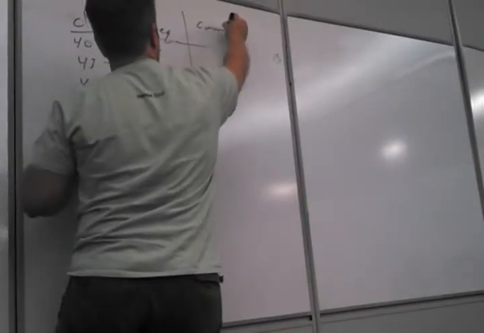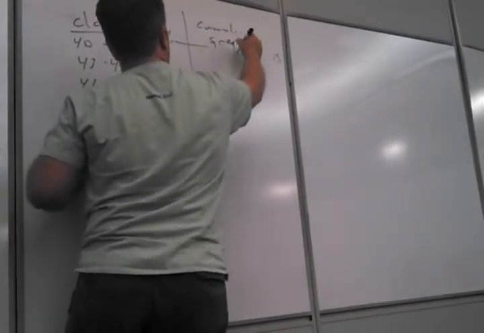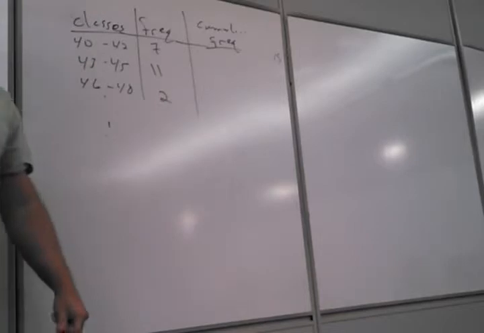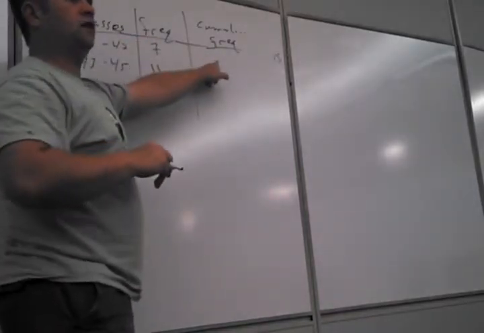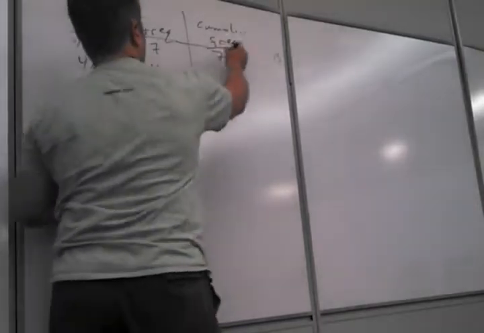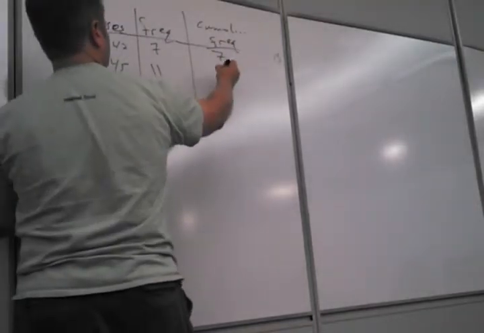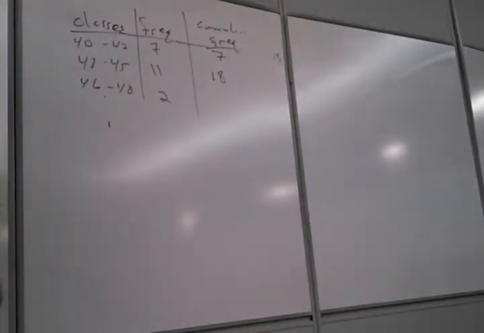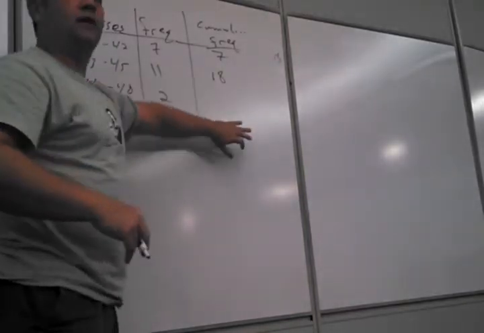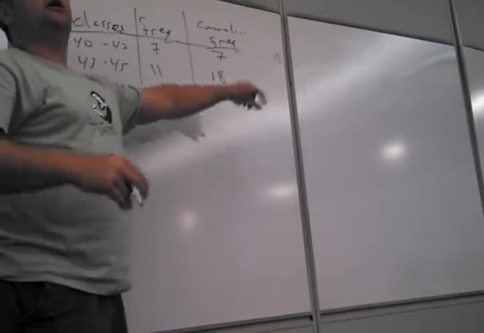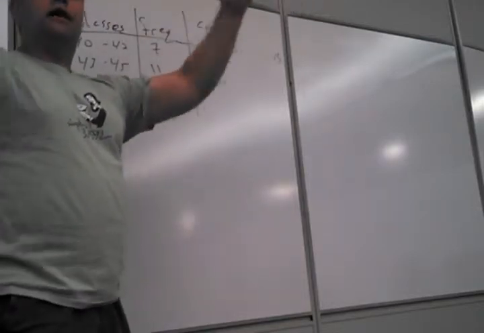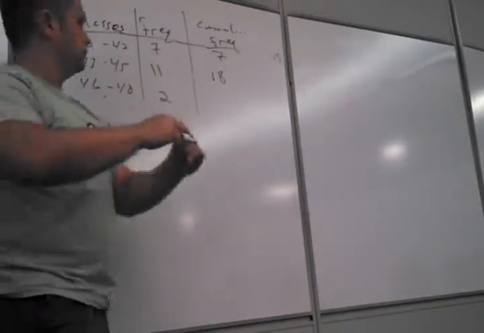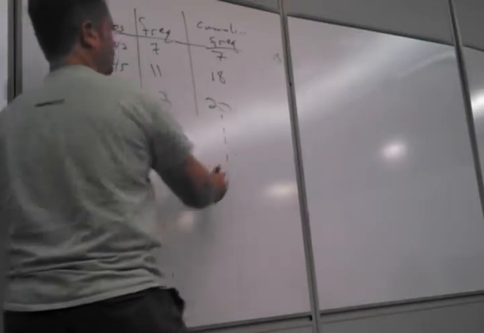The cumulative frequency, it's just too long a word for me. So once I get to this class, how many do I have so far? 7. Now at the end of this class, how many do I have so far? You accumulate your data points as you go. Of course at the end, you better have a cumulative frequency equal to how many data points you've got. You should have hit them all by then, right? So this would be 20, and so forth.